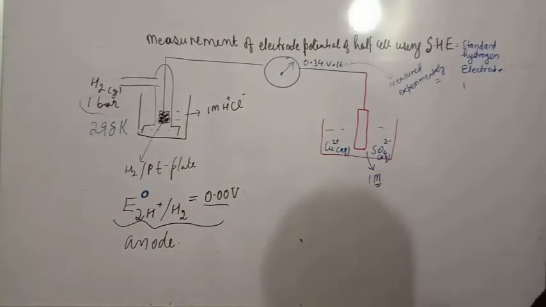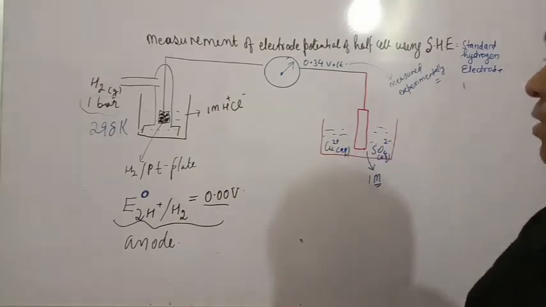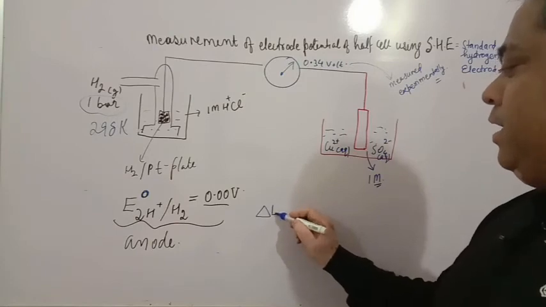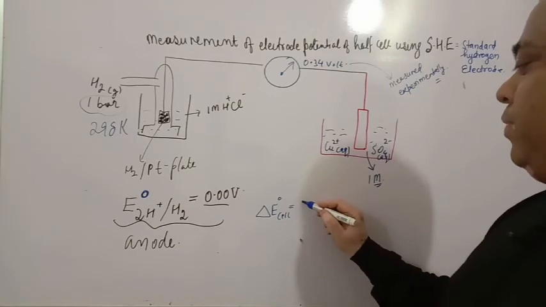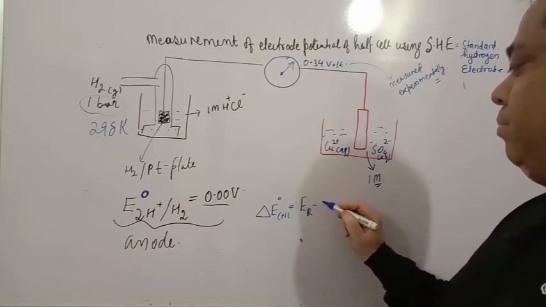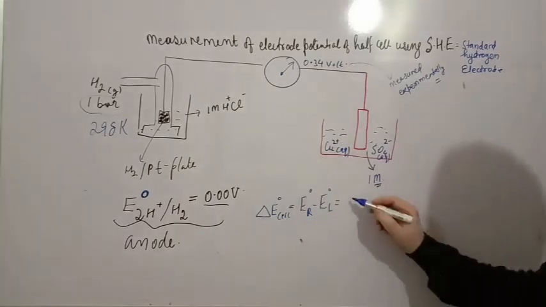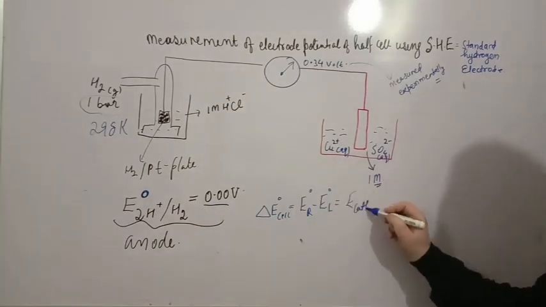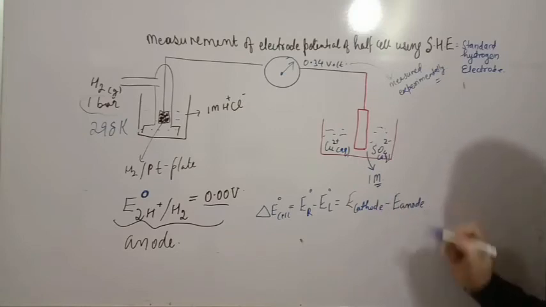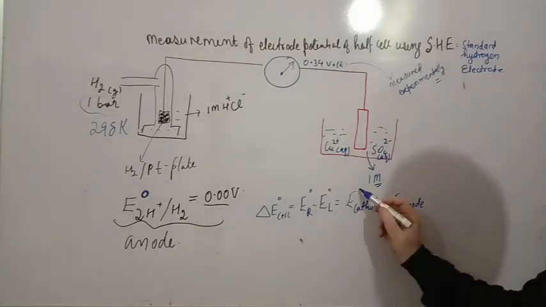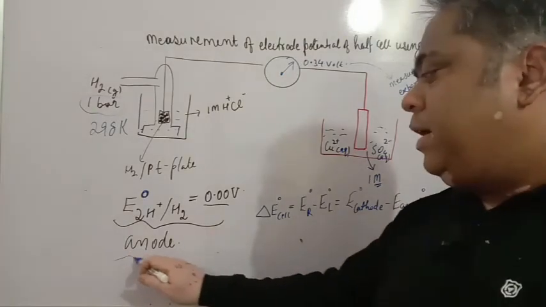Now, based on the theoretical discussion in our previous lecture, we know that delta E cell at standard condition is equal to E right minus E left standard, or E cathode minus E anode, and the anode is always the hydrogen electrode.